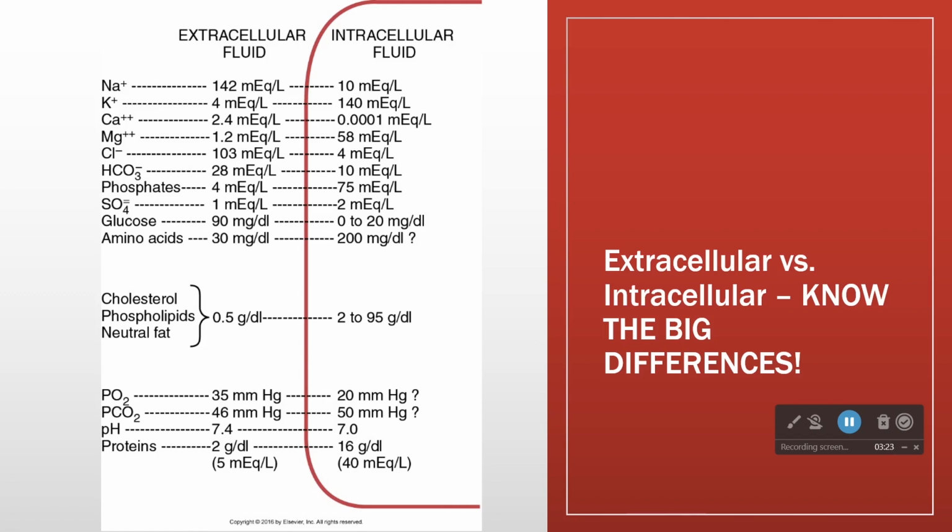Okay, so in the extracellular fluid, there's a lot of sodium and very little potassium. In the intracellular fluid, that's reversed, okay? Now, the way I remember this, I told you I was a scuba diver, right? So, ocean water, primarily sodium is the main cation, okay? So cells evolved in the ocean.